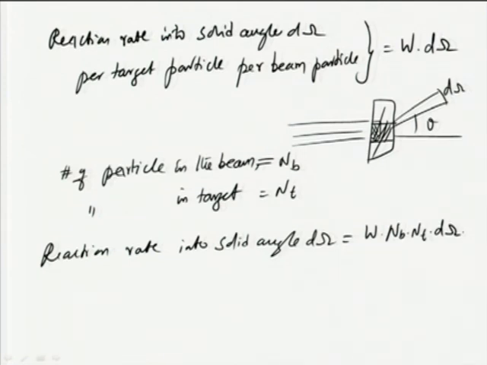So, you have to multiply it with the number of particles in the beam times the number of particles in the target to get the actual reaction rate.